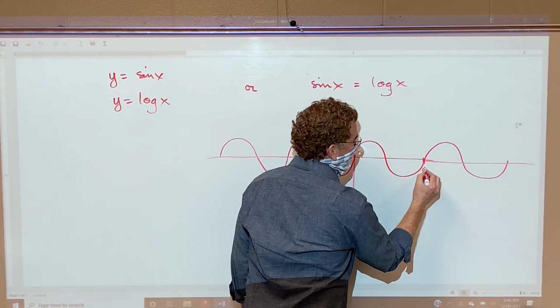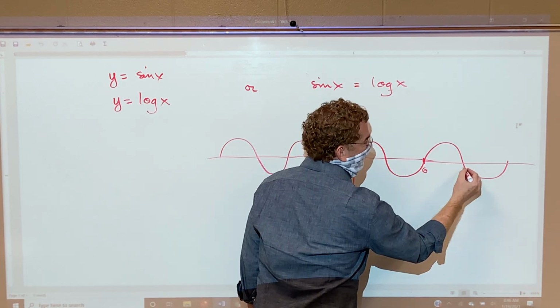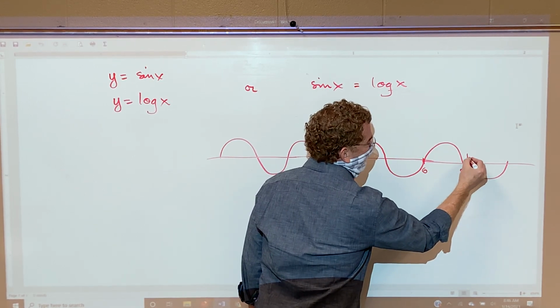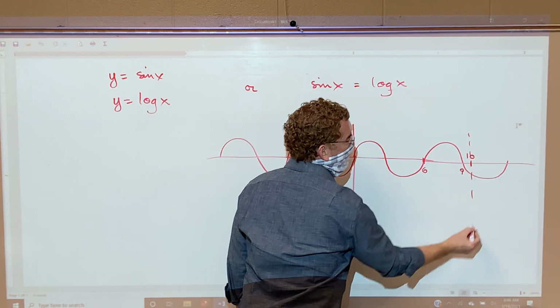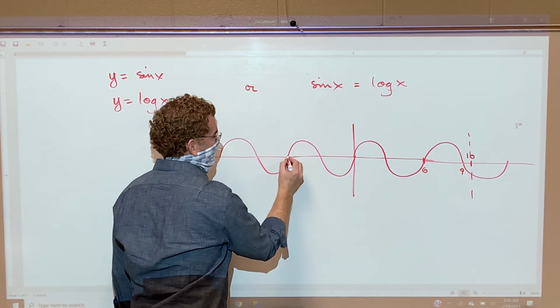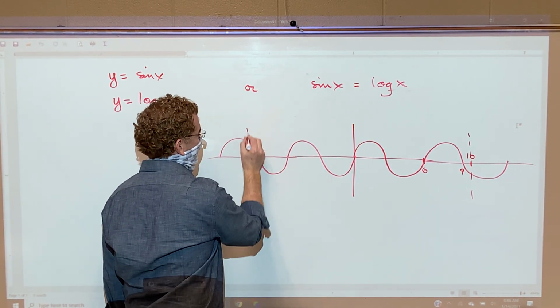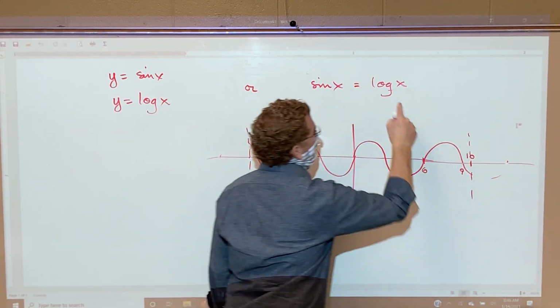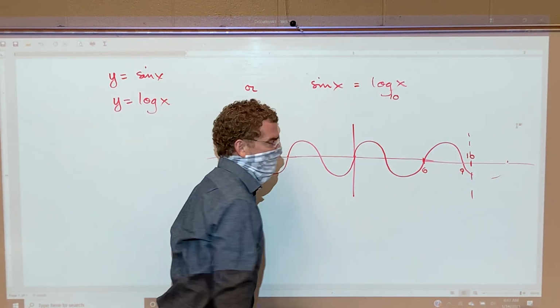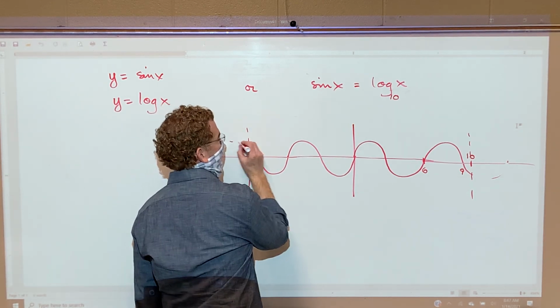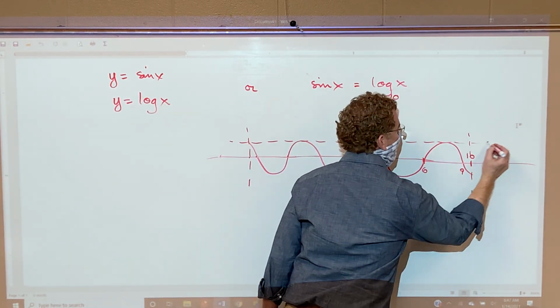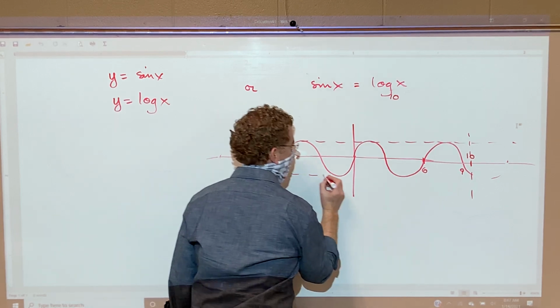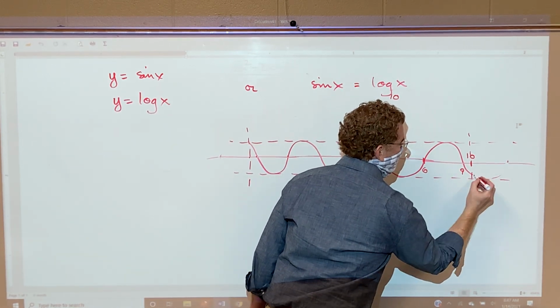So another pi would be about 9-ish. So maybe this is about 10. And the reason why I'm only going up to 10 here is this is log base 10 of x. And by the way, this only goes to a height of 1, right? And a depth of 1.